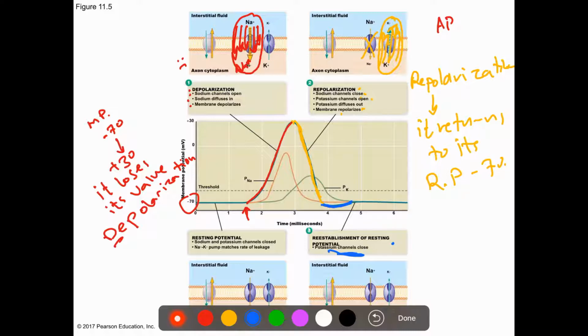But basically, the components of the action potential are the depolarization and the repolarization, and then the reestablishment of the resting potential. So these are the 3 components of the action potential.